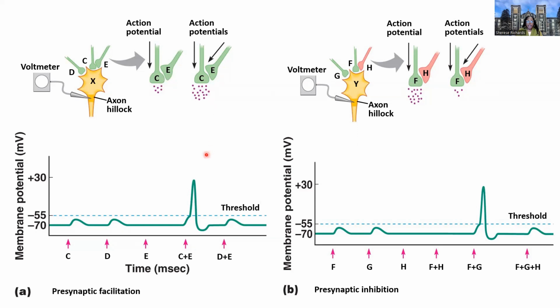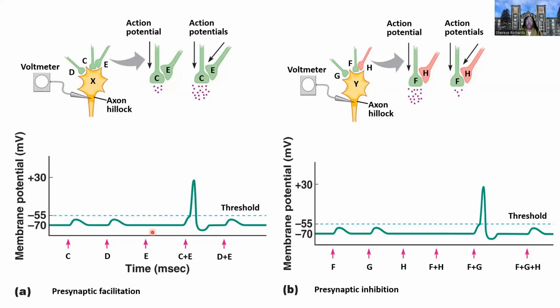So what we see is what the membrane potential looks like with just C alone, and here is the membrane potential with just D on its own. Notice that E alone has zero membrane potential change. It is not directly stimulating or having an effect on the membrane potential of neuron X.